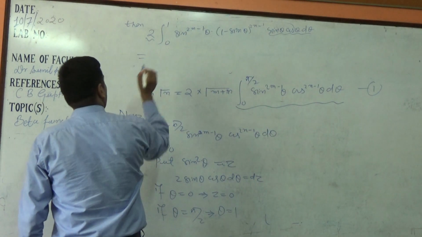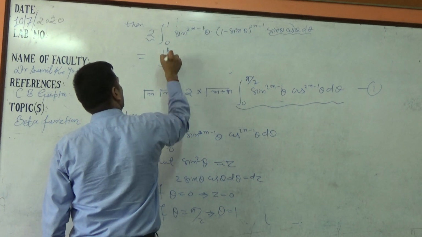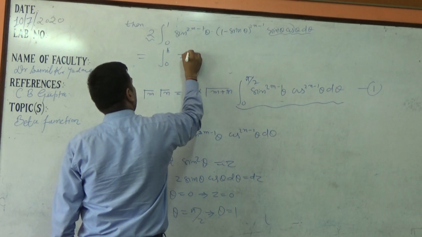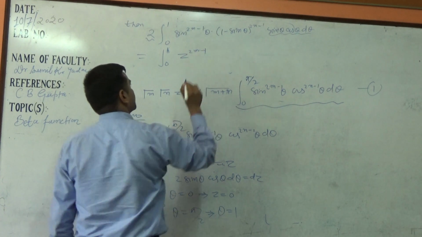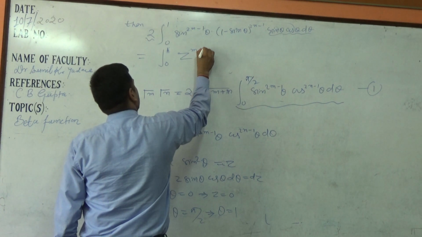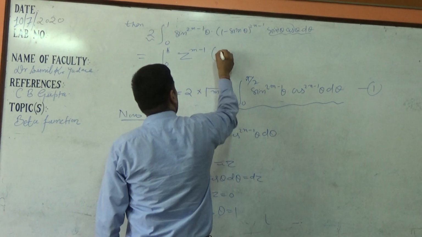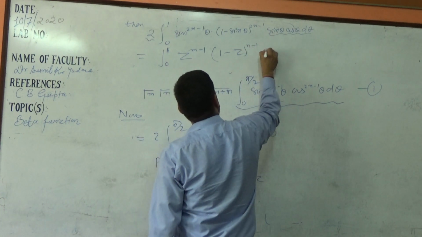So this will be reduced to the integral from 0 to 1 of z raised to the power m minus 1 into 1 minus z raised to the power n minus 1 dz.